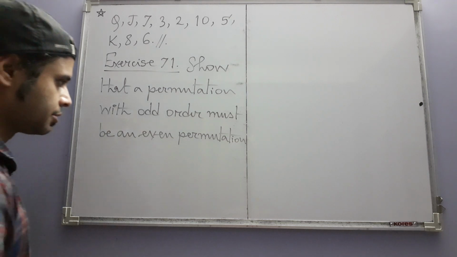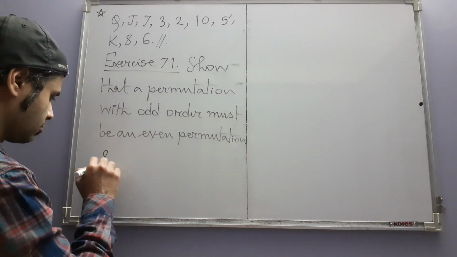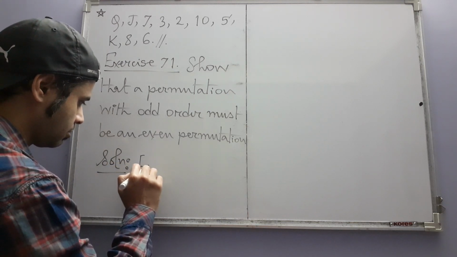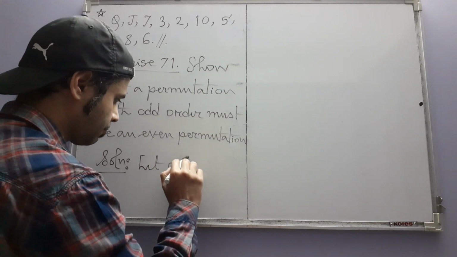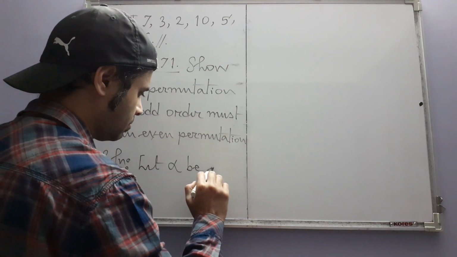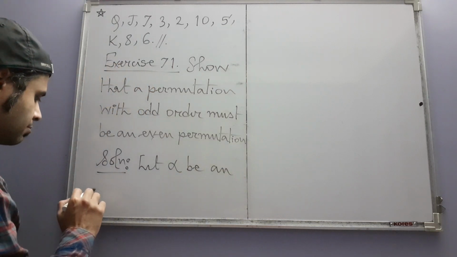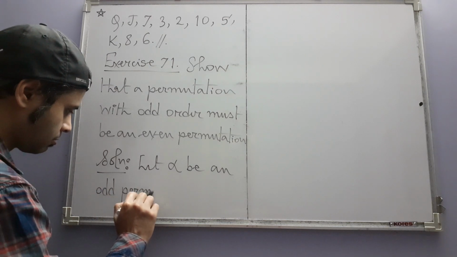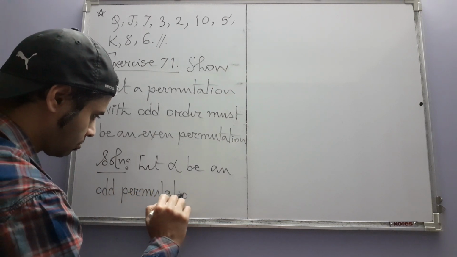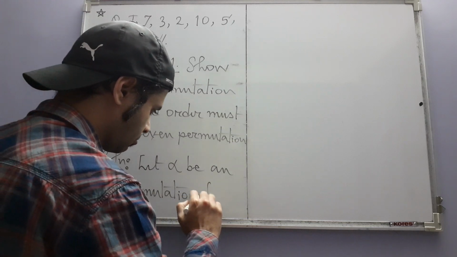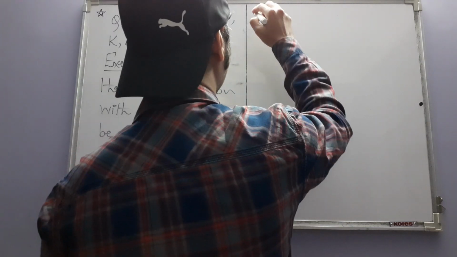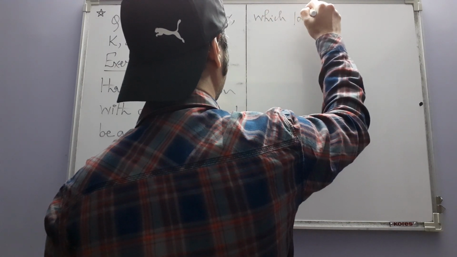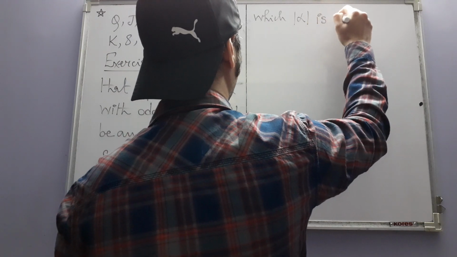Suppose that's not the case. Let alpha be an odd permutation for which the order of alpha is odd.